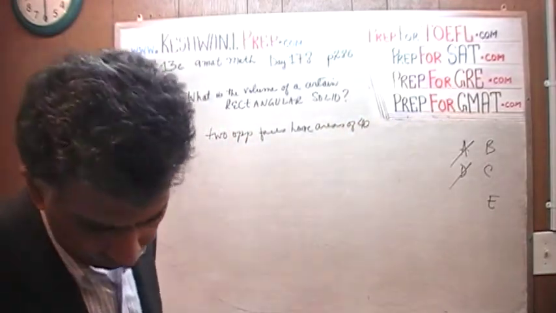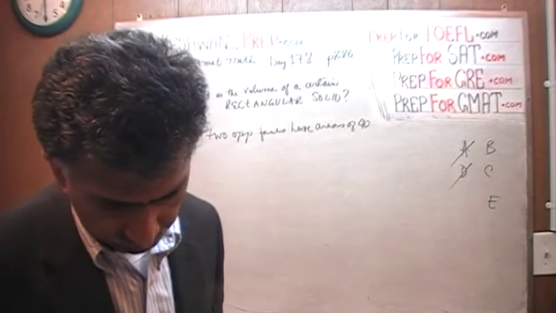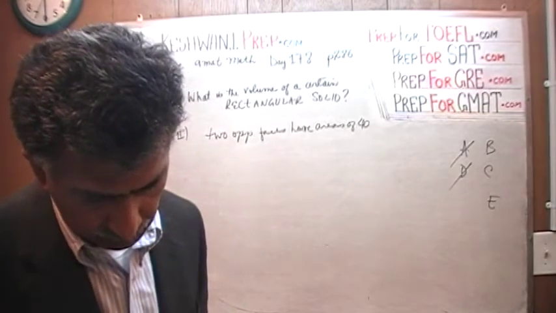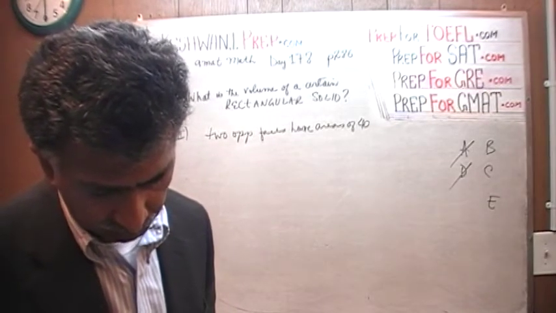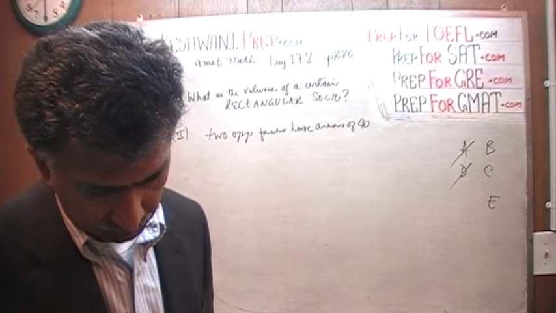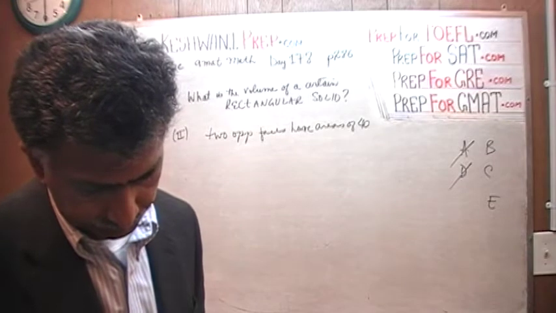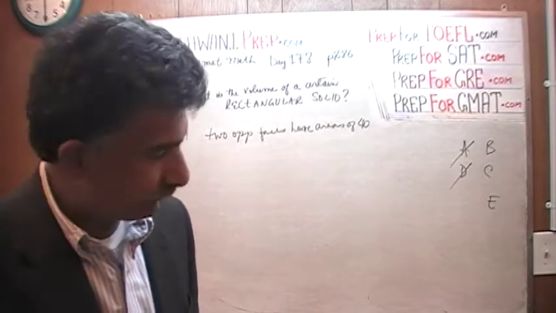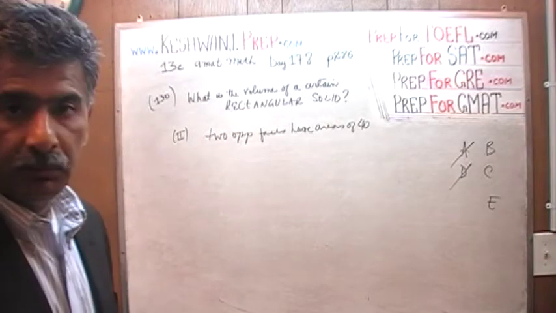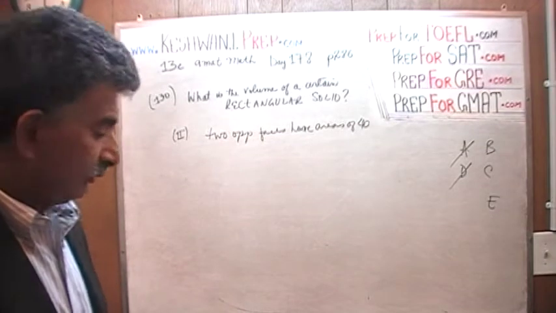Let's see how they actually phrase it. Each of the two opposite faces of the solid has an area of 40. But what does it tell us? Absolutely nothing, actually, as far as the volume is concerned.